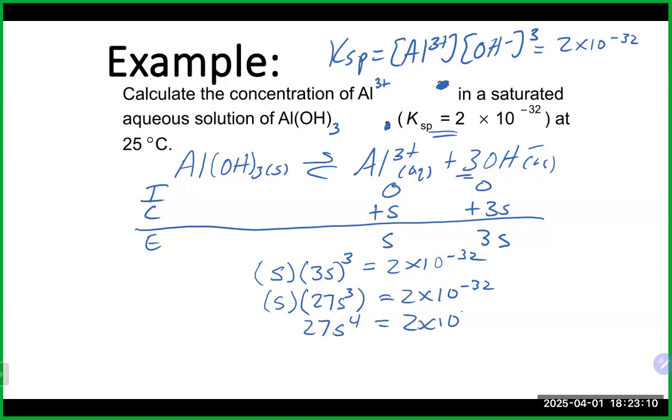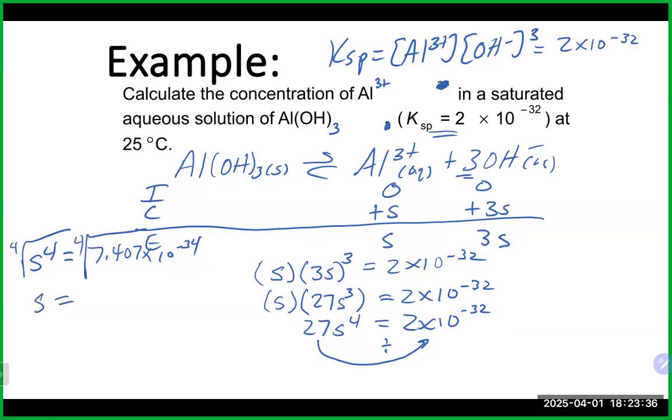Here we go. I'm going to divide by 27 on the other side, and that gets me S to the 4th equal to 7.407 times 10 to the minus 34. I need to take the 4th root of both sides.